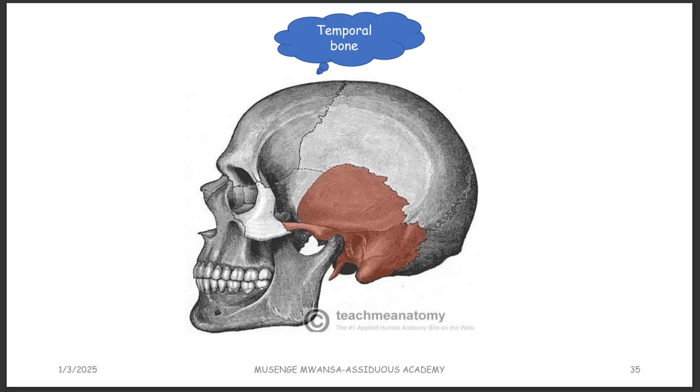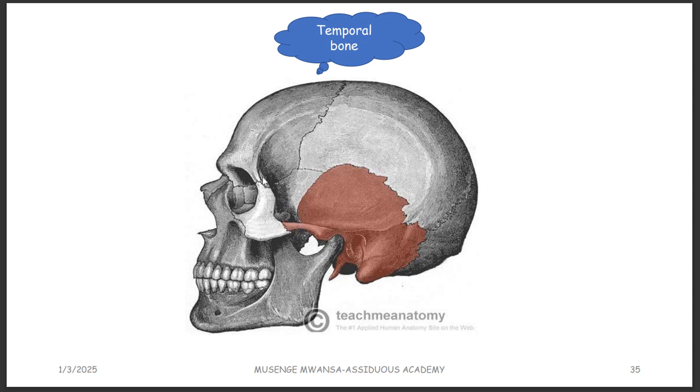So if you hear temporal process, it means that that thing is actually not part of the temporal bone. It's coming from the other name that you are going to hear. So temporal process of the zygomatic bone means that part of the zygomatic bone that will be able to attach to the temporal bone.